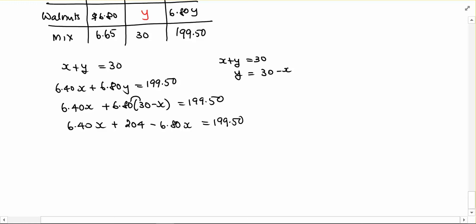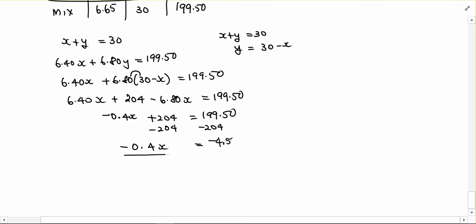Let's clean up the left side. So 6.40 minus 6.80 is going to give me negative 0.4x plus 204 equals 199.5, and minus 204, so 199.5 minus 204, that's negative 4.5.